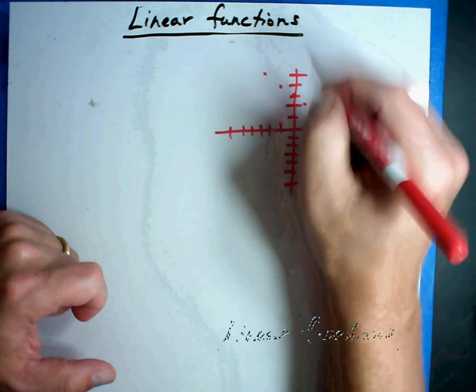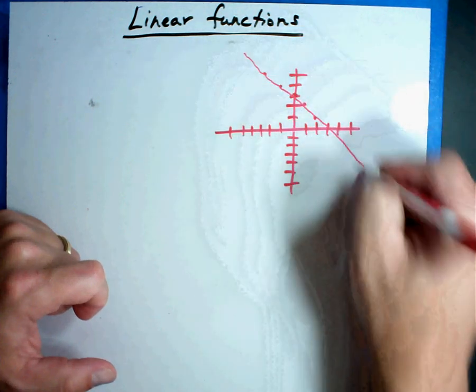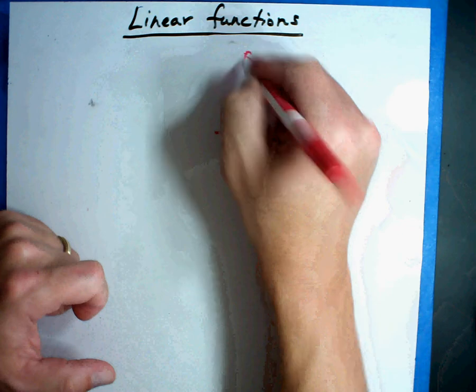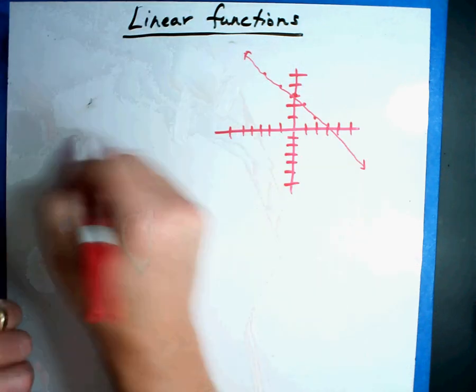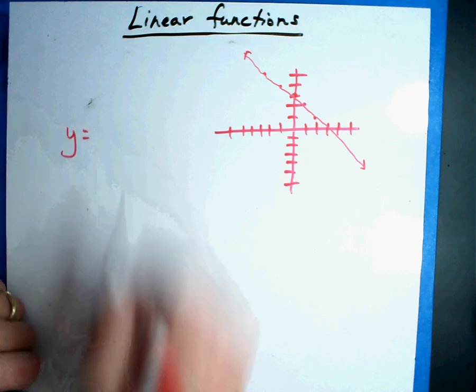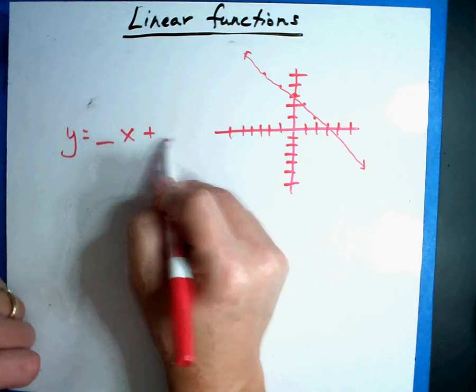And there's our line right through there. And they ask us, what does y equal? Well, I know it's going to be something x plus where it runs into the y.